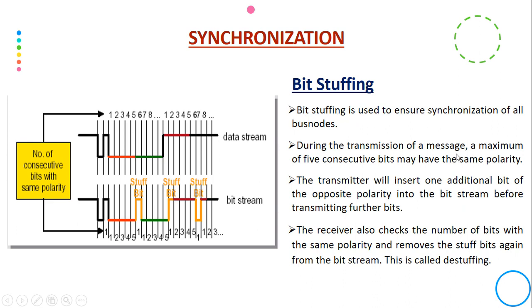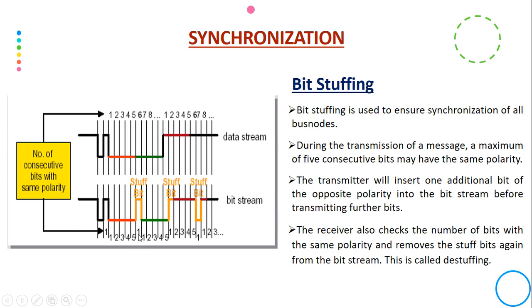During the transmission of the message, a maximum of 5 consecutive bits may have the same polarity. Guys, here the 5 consecutive bits may be either in the dominant state or in the recessive state. For example, you can observe here, this portion, red and green, has 10 dominant bits, that is 0 level.